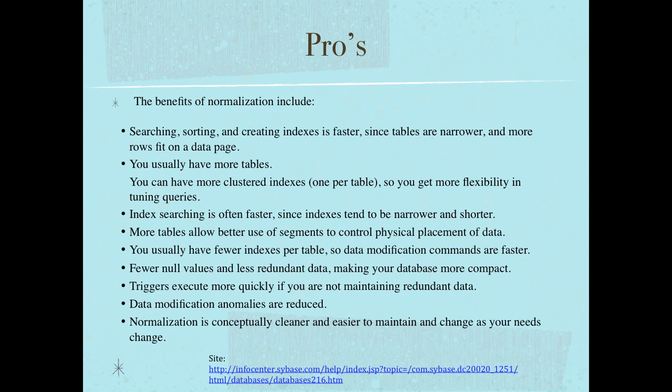You can have more clustered indexes, one per table, so you get more flexibility in tuning queries. Index searching is often faster since indexes tend to be narrower and shorter. More tables allow better use of segments to control physical placement of data, and there are a few more listed here in this example.